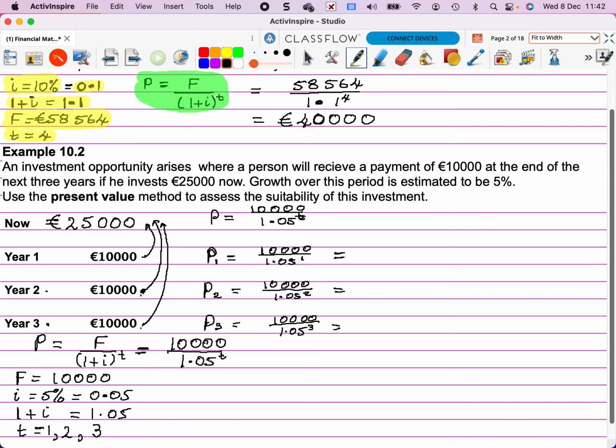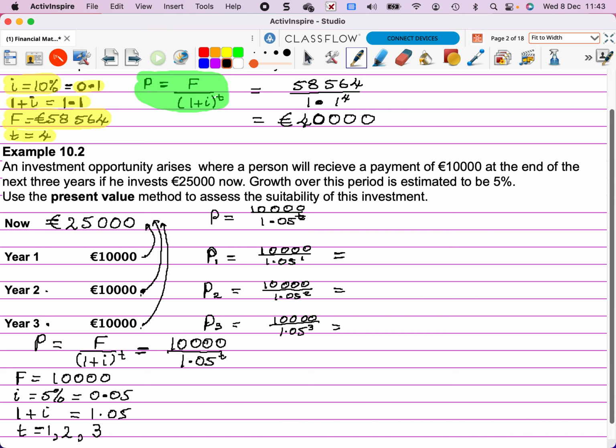So on my calculator now, I'm pressing the fraction button once, typing 10,000 on top, and on the bottom 1.05 raised to the power of 1. And then I'm going to move the arrow key on, put a plus symbol, and do fraction button. And once again, I'm going to have 10,000 on top, and on the bottom 1.05 raised to the power of 2.